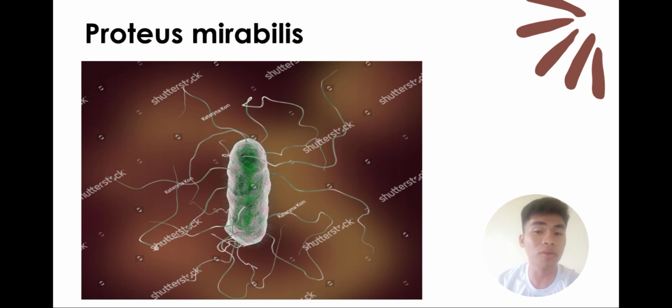Well, it is the second most common cause of community-acquired UTI, and it is a major cause of nosocomial infections. So this type of pathogen is a common pathogen causing urinary tract infections, the Proteus mirabilis.